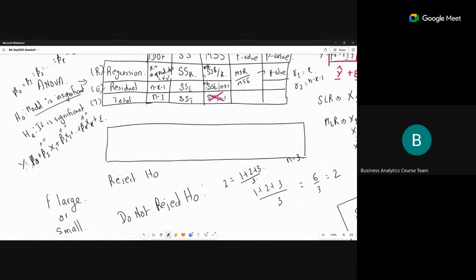So there are two cases. My f can be large. This f statistic, f value, can be large, or f value can be small. Based on this, you must either reject the null or not reject the null. How should the f value be? Should it be large or small?